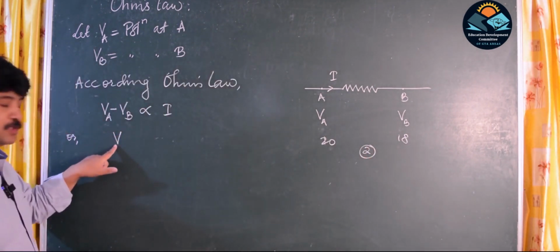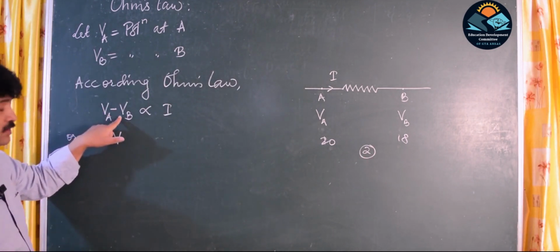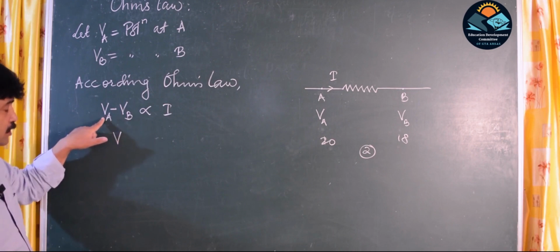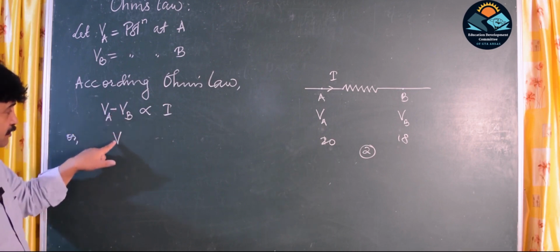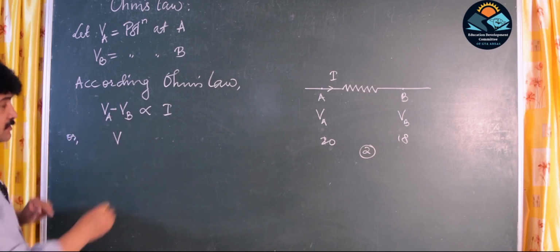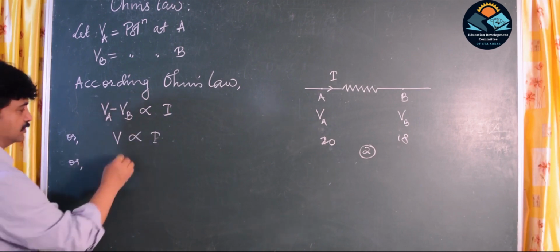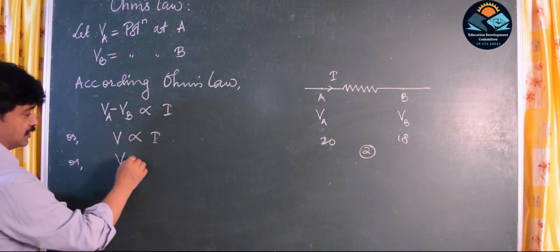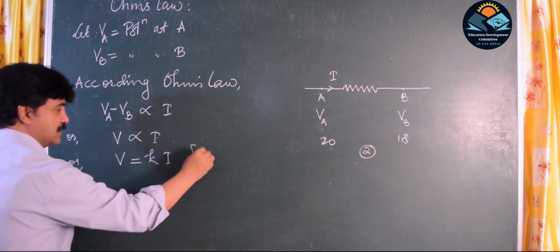Similarly, V is the potential difference. VA is not the potential difference. VB is not the potential difference, okay? This is the potential at A, this is the potential at B, and this is the potential difference. So this potential difference is directly proportional to I. And you know, it has to be replaced by is equal to and a constant. And what is K here?